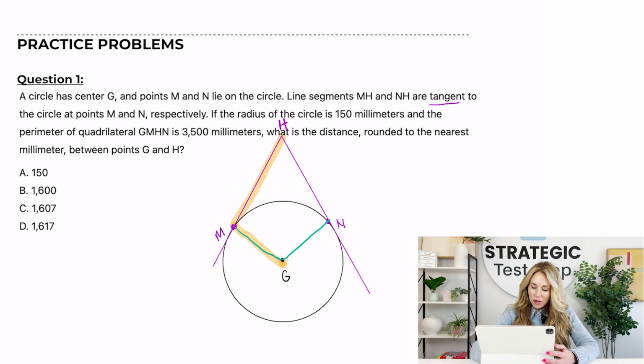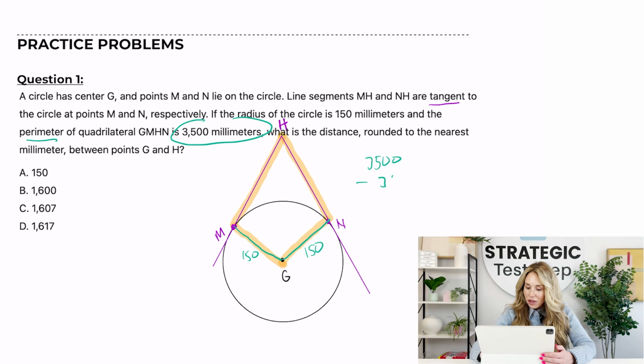We're really looking at this shape right here. They said the length of the radius is 150, so I'll label that 150 and that 150. Since they said the perimeter is that, that's the whole way around the outside. I'm going to do 3,500 minus 300 because that's the 2 radii. So I know what's left for HM and HN is 3,200.